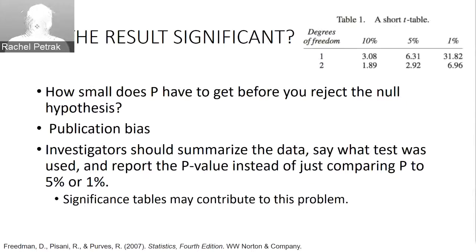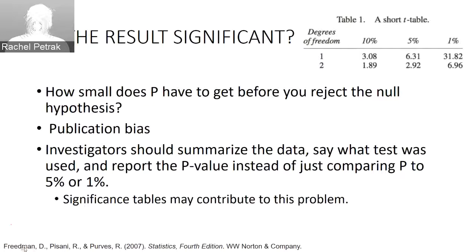I mean, it's the standard to use 5% and 1%, but they are just arbitrary, and they don't tell us with certainty. They just give us a likelihood of chance variation or not.